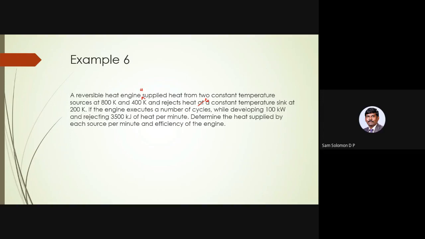If the engine executes a number of cycles while developing 100 kilowatts and rejecting 3500 kilojoules of heat per minute, determine the heat supplied by each source per minute and the efficiency of the engine.